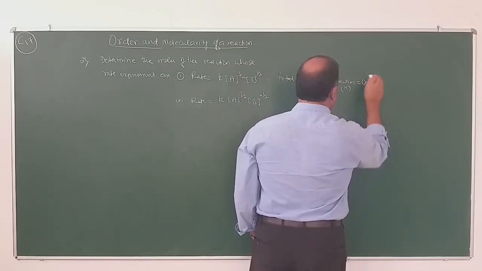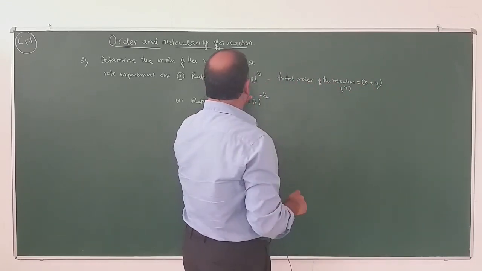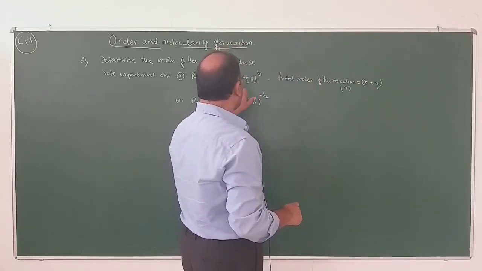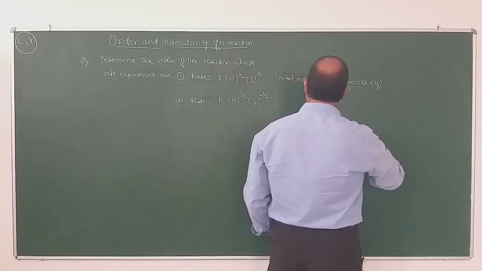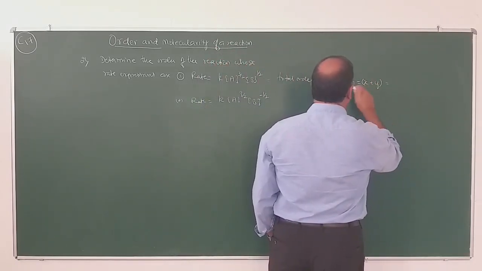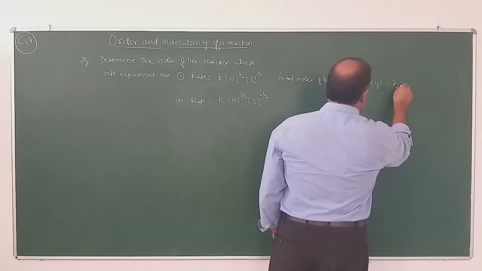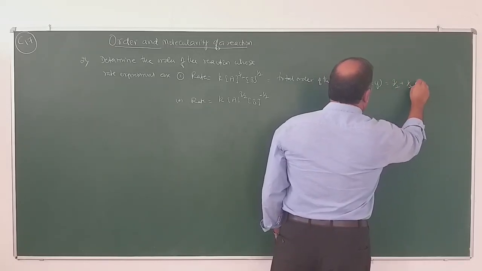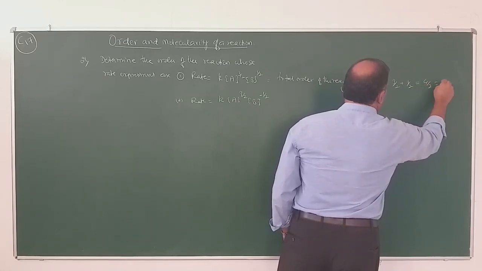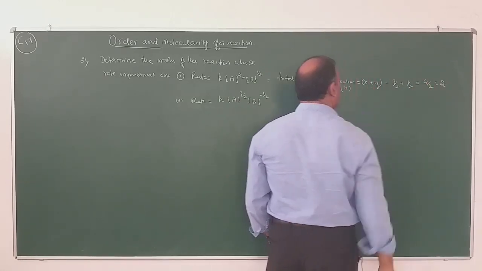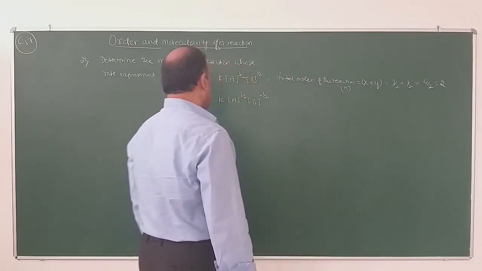What is x and what is y? X is the exponent of concentration of A and y is the exponent of reactant B. So that is equal to 3 by 2 plus half, that is equal to 4 by 2, that is equal to 2. This is the total order.